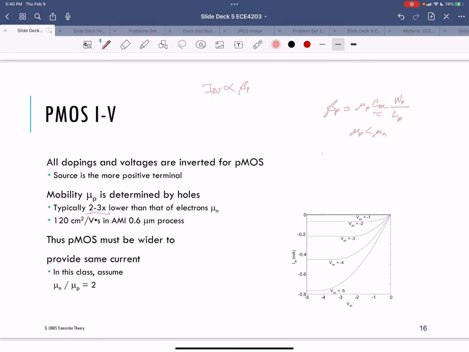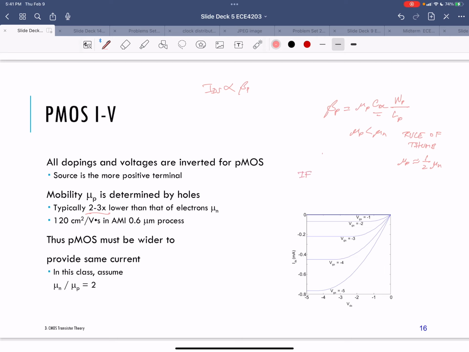A good rule of thumb is like 2.5x lower. Let's call it 2x. This is just a rule of thumb. It really depends on the process. It depends on a lot of things, okay? But let's say the mobility of the holes is about half the mobility of the electrons.